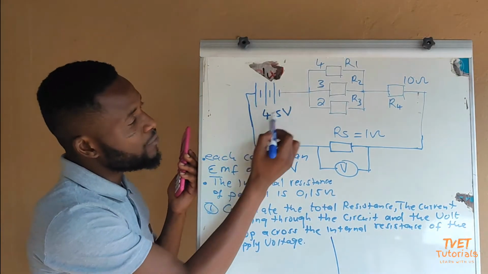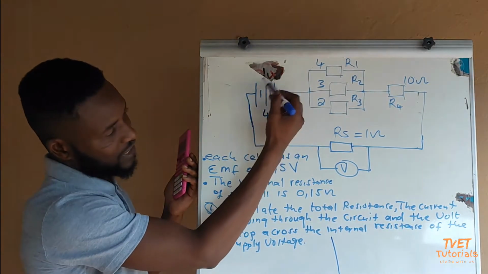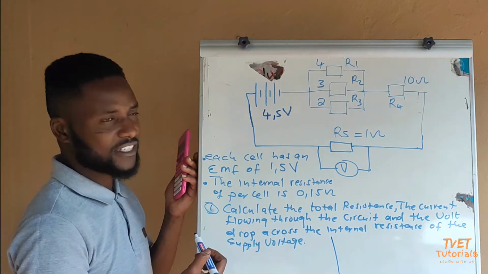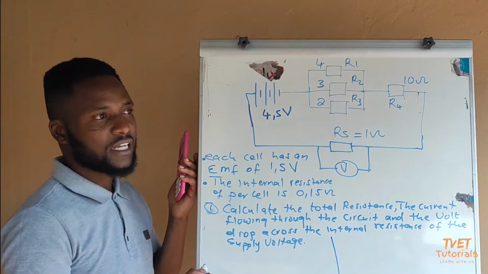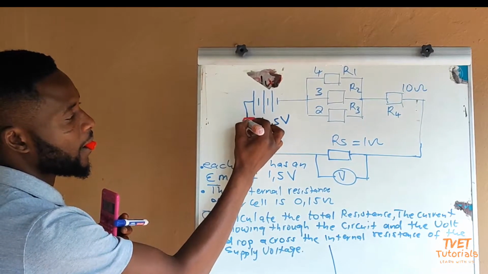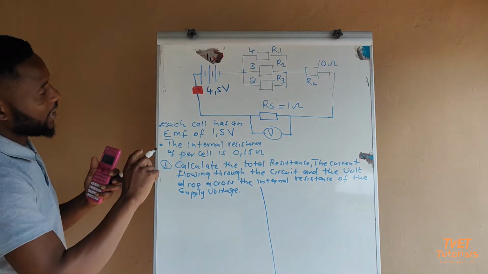Now, what you must know is that the supply, the EMF, is connected in series with this internal resistance. So I will just add it in the circuit so that we are not confused. This is now our internal resistance.